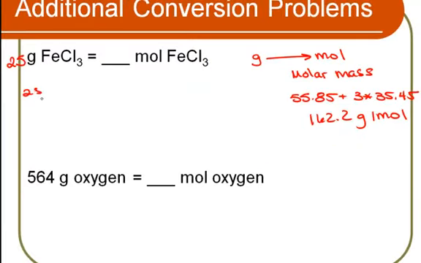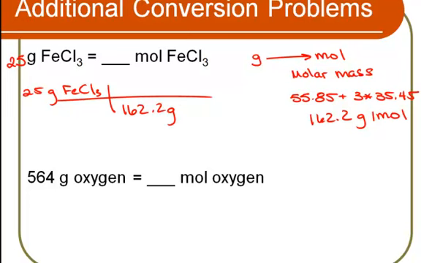So I'll take my 25 grams of iron 3 chloride. I want grams to cancel, so I'll put 162.2 grams of FeCl3 on the bottom and 1 mole on the top.